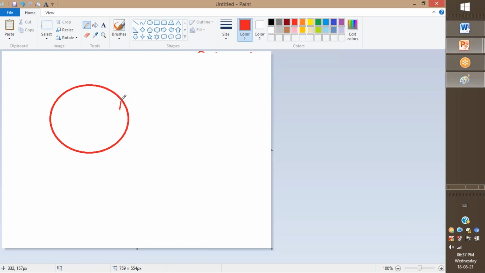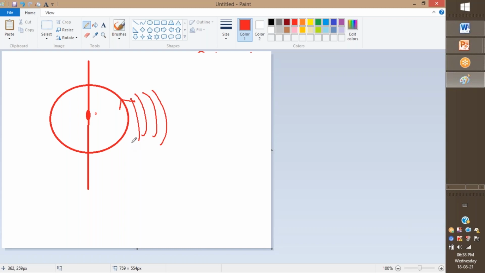If you have a current loop like this, and you know current is flowing like this, then your magnetic dipole moment, if suppose this is going through the center and this is in the plane of the paper, this is the center which is passing through the loop.